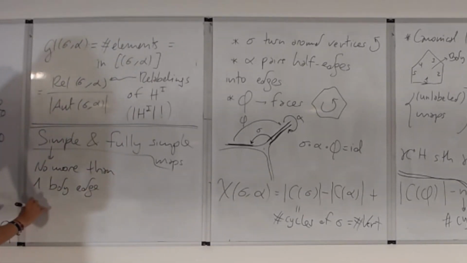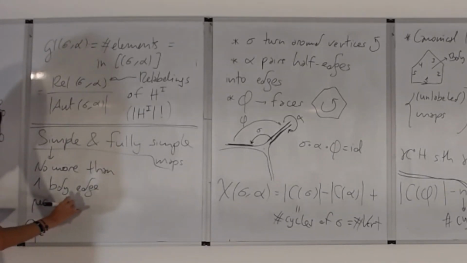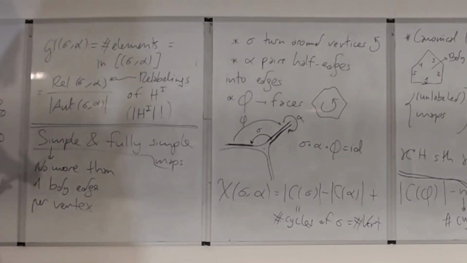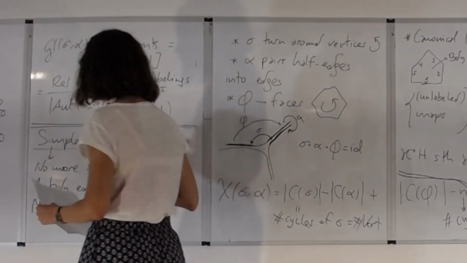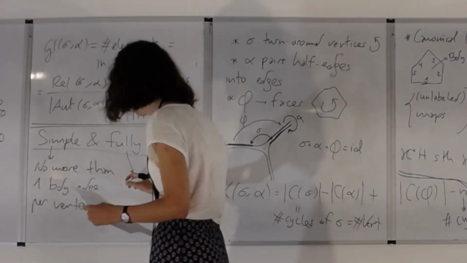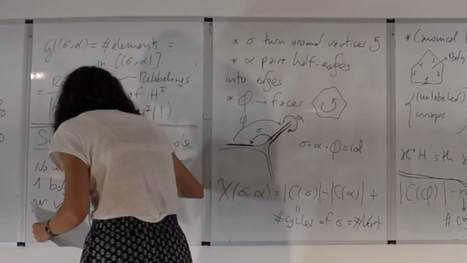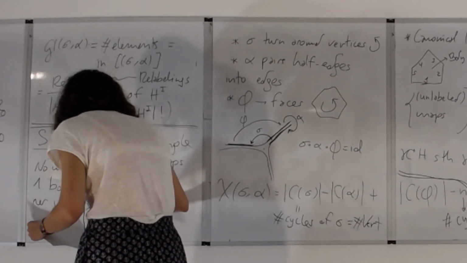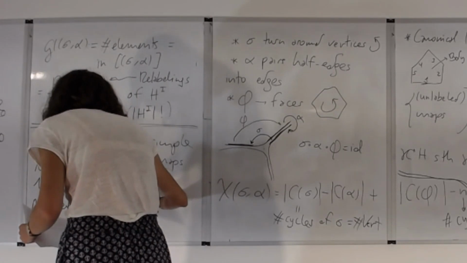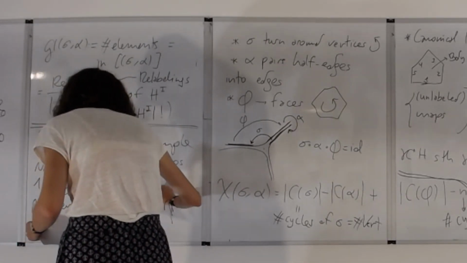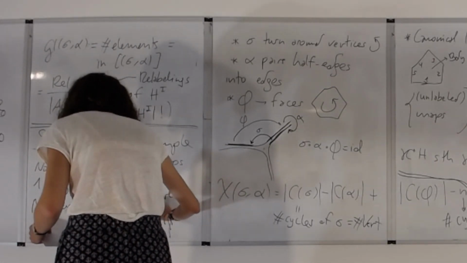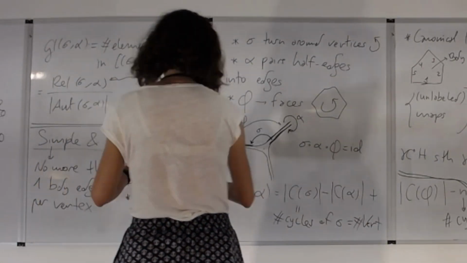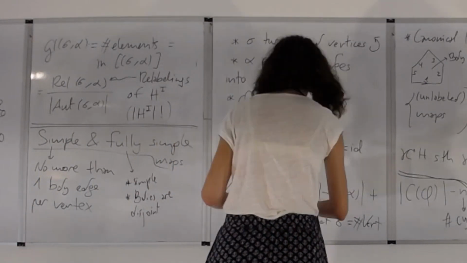Of course, we will also see examples, and this will be clearer. And by fully simple, we mean that it's simple and that the boundaries are disjoint. Okay, so let's do an example.